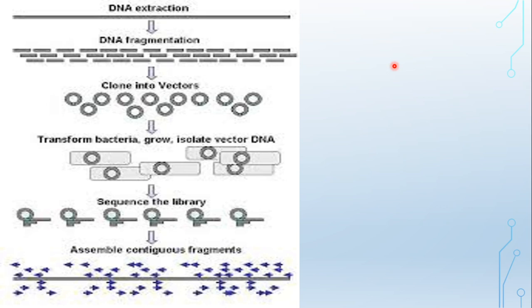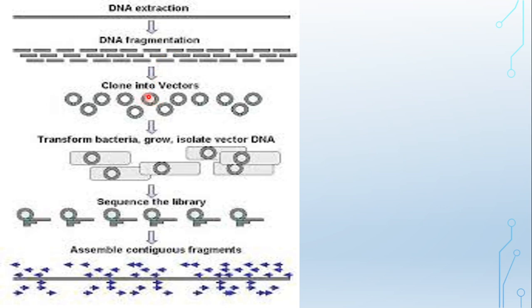Now, in the method of sequence annotation, what was done? The DNA is extracted from the cell, then it is fragmented, cut into small pieces using an enzyme called endonuclease. Then these small fragments are cloned into vectors. Vectors means plasmids.